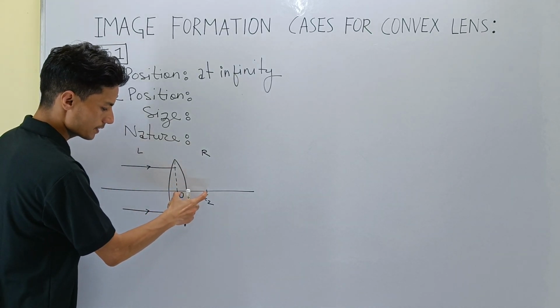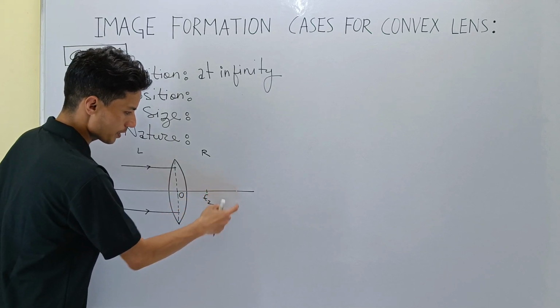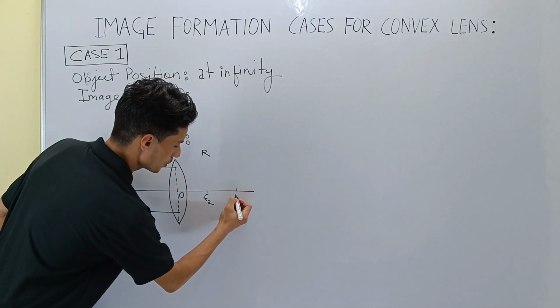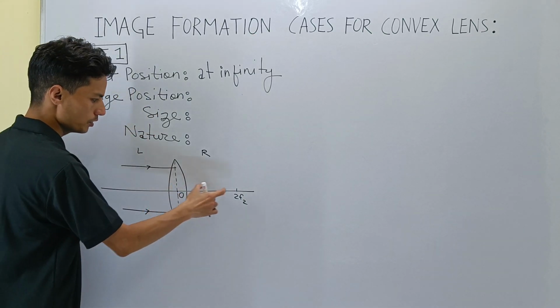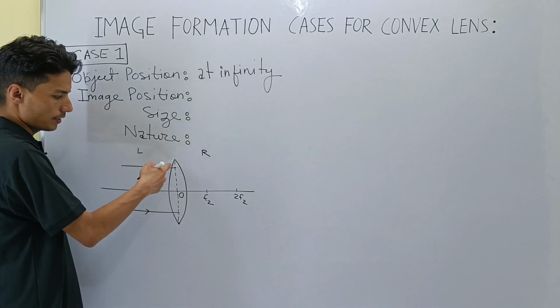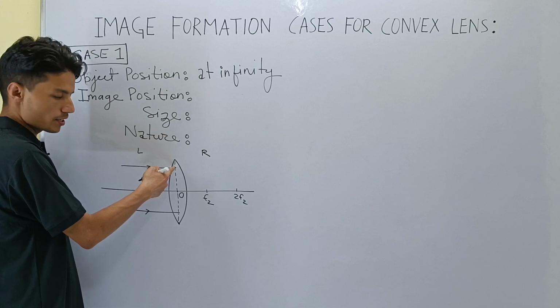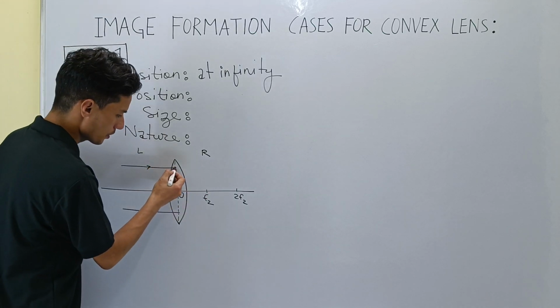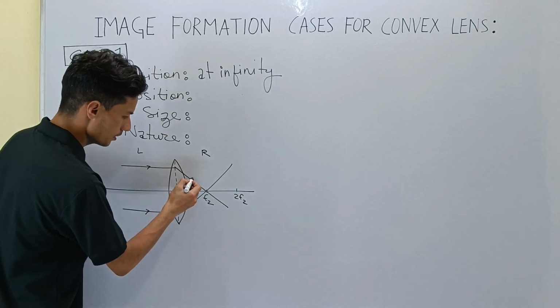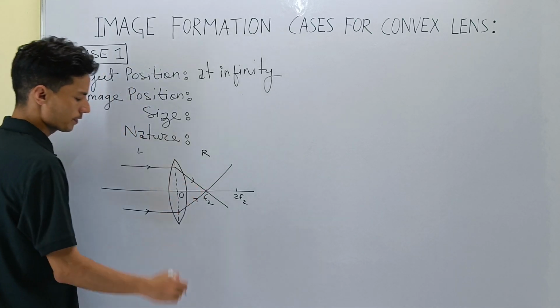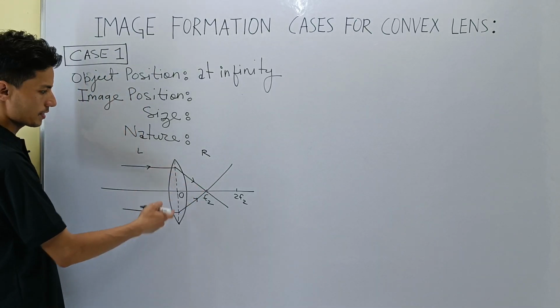And exactly the same distance ahead, you have to mark 2F2. And the refracted rays will pass through F2. So we have to draw like this and like this. These are the refracted rays, undergoing refraction from the convex lens.